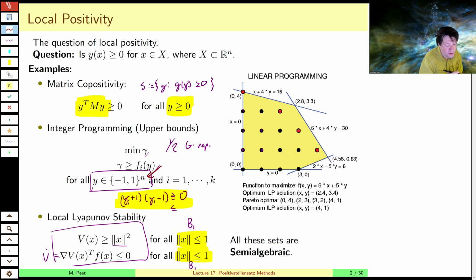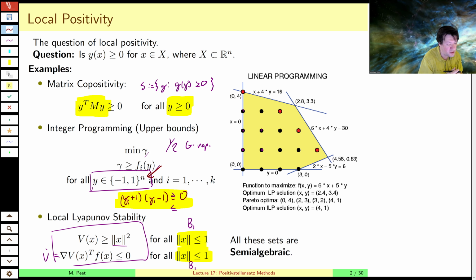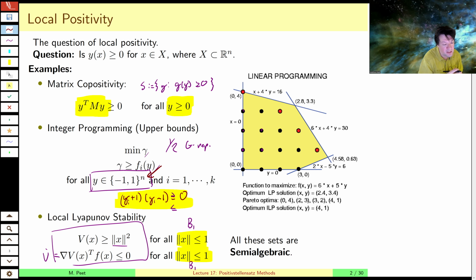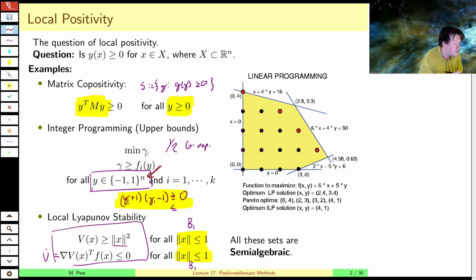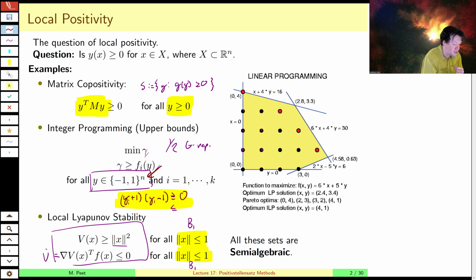And so we are going to focus our efforts in this lecture and all subsequent lectures on positivity and negativity of sets which are defined by inequalities and equality constraints. We can allow that as well, since it's a special case of inequality constraints. So these sets have a very specific name.